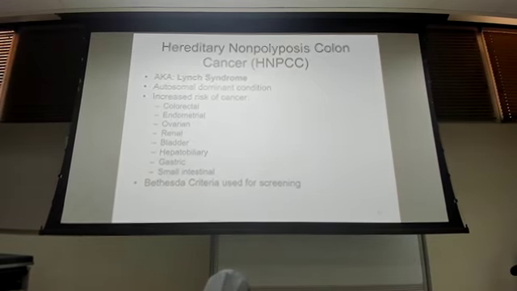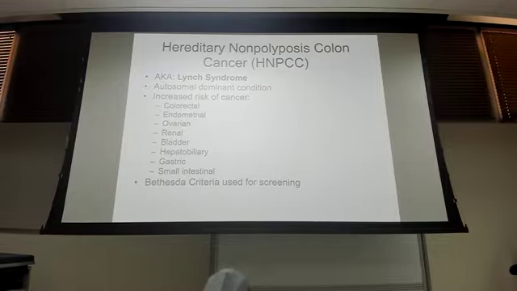So we also have a hereditary condition called hereditary non-polyposis colon cancer, HNPCC, aka Lynch syndrome. It's inherited once again, and it's associated with early rectal cancer. So all of these syndromes have the same thing in common, is they usually lead to colorectal cancer.